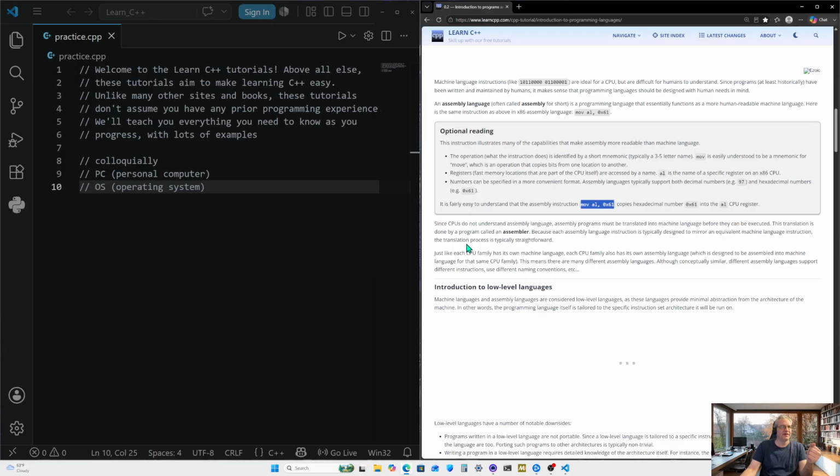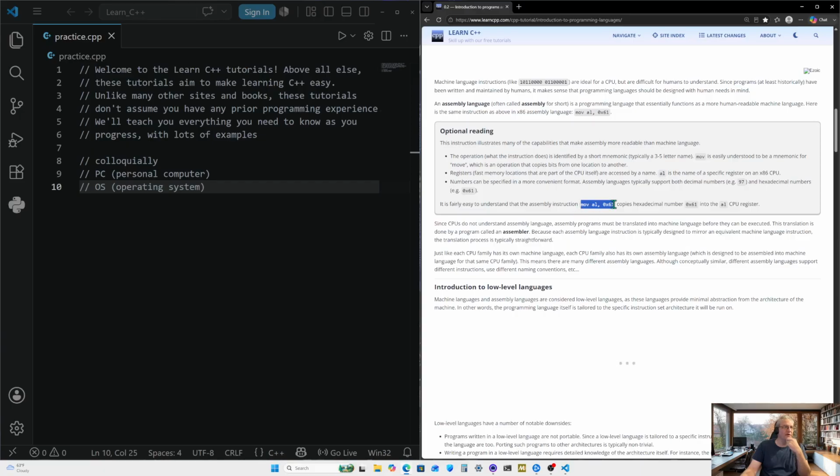So, since CPUs don't understand assembly language, assembly programs must be translated into machine language before they can be executed. This translation is done by a program called an assembler. So it sounds like an assembler is the same thing as a compiler.